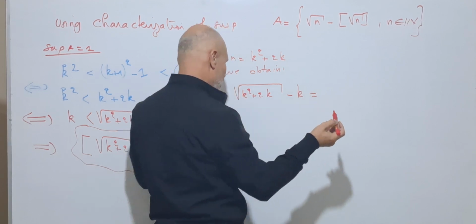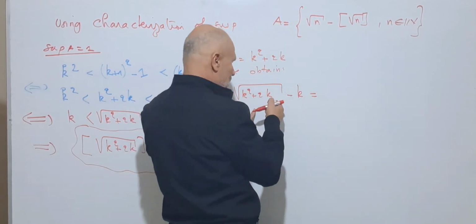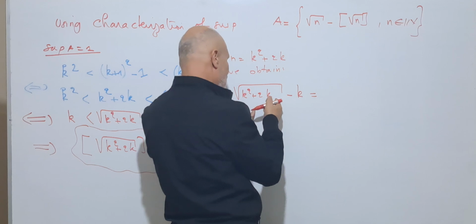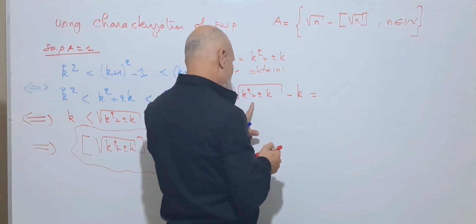We multiply and divide by the conjugate of this number.